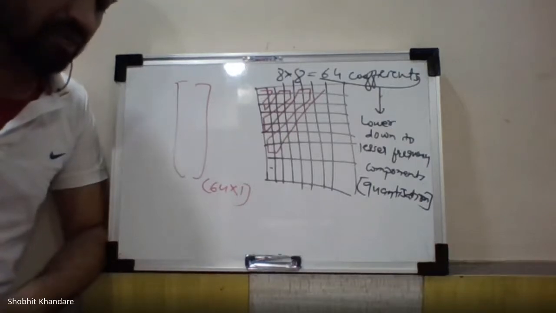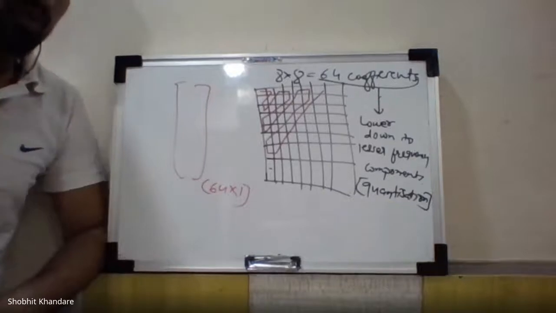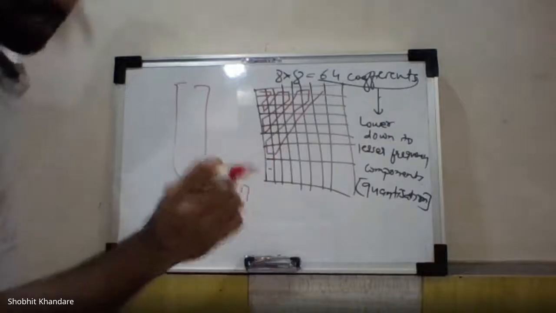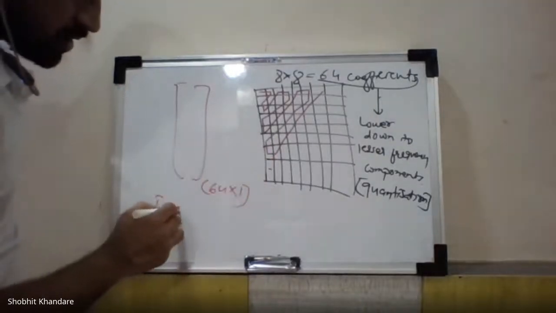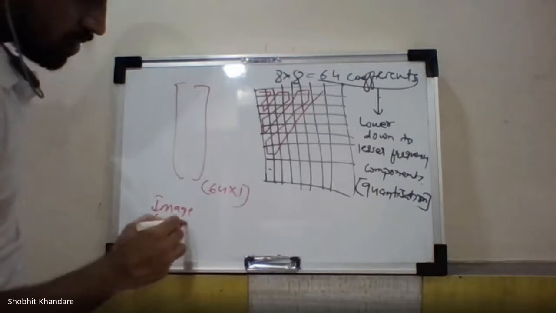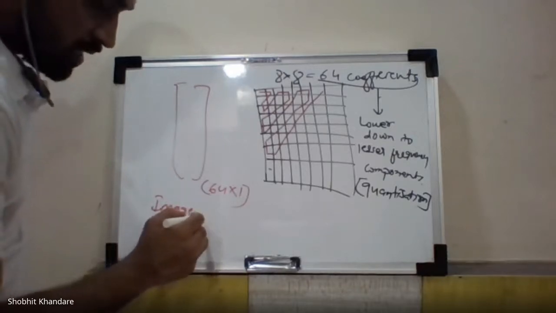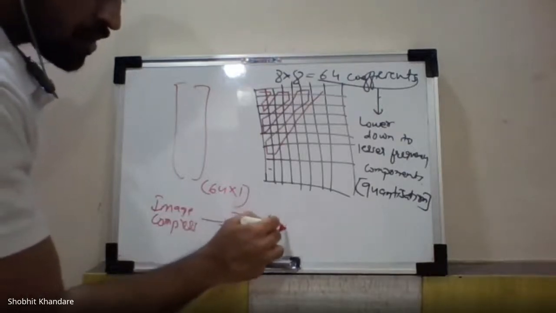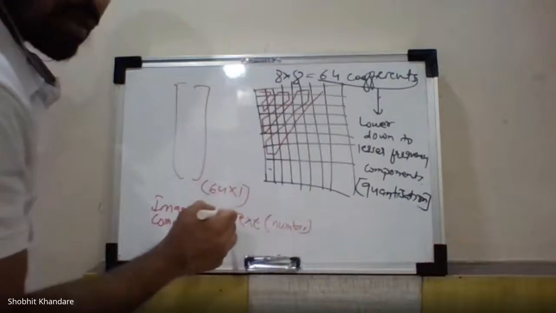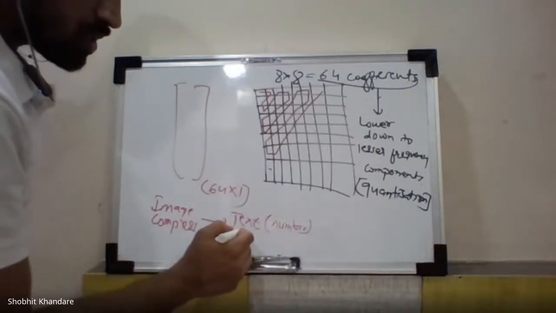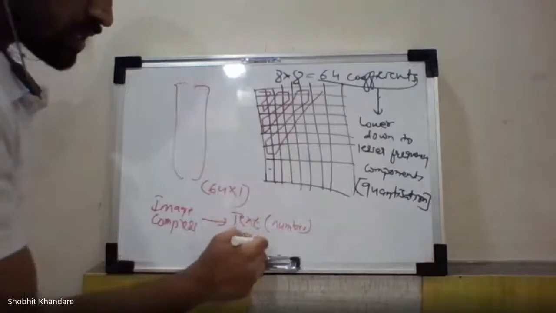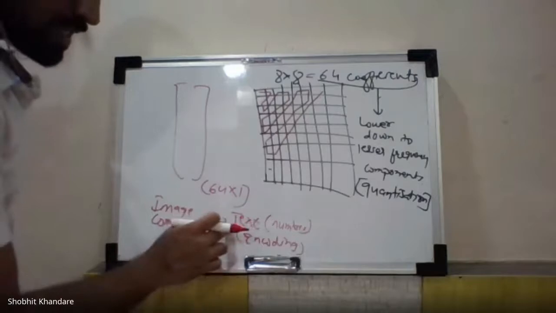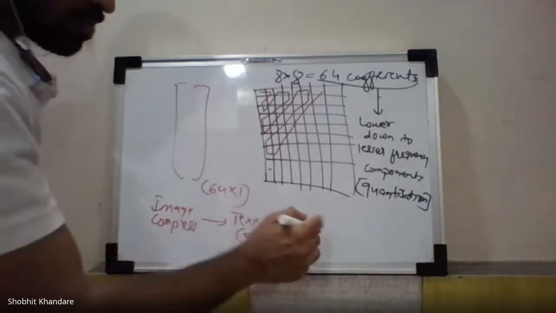like Huffman coding. Please pay attention. When I'm talking about image compression, the image is getting converted into some text or numbers by using encoding, and this text is compressed.